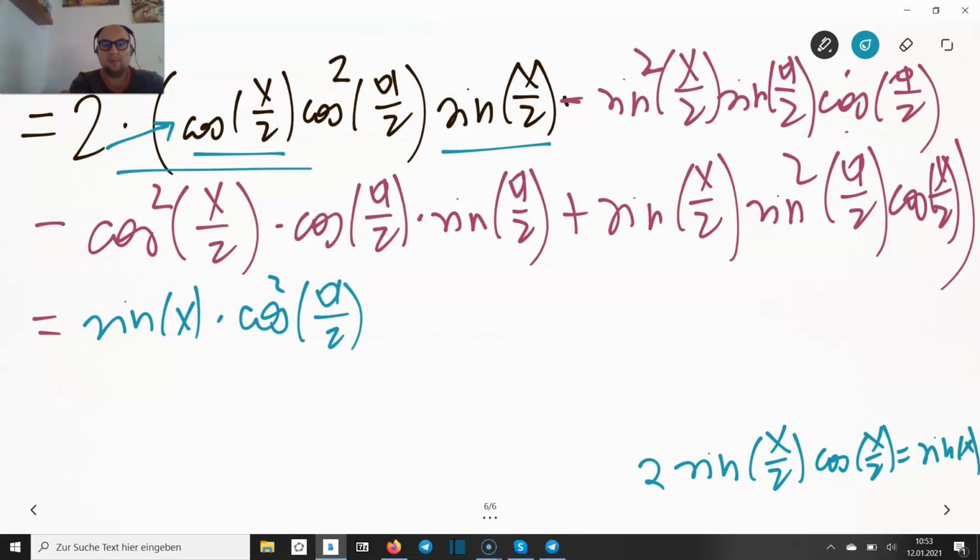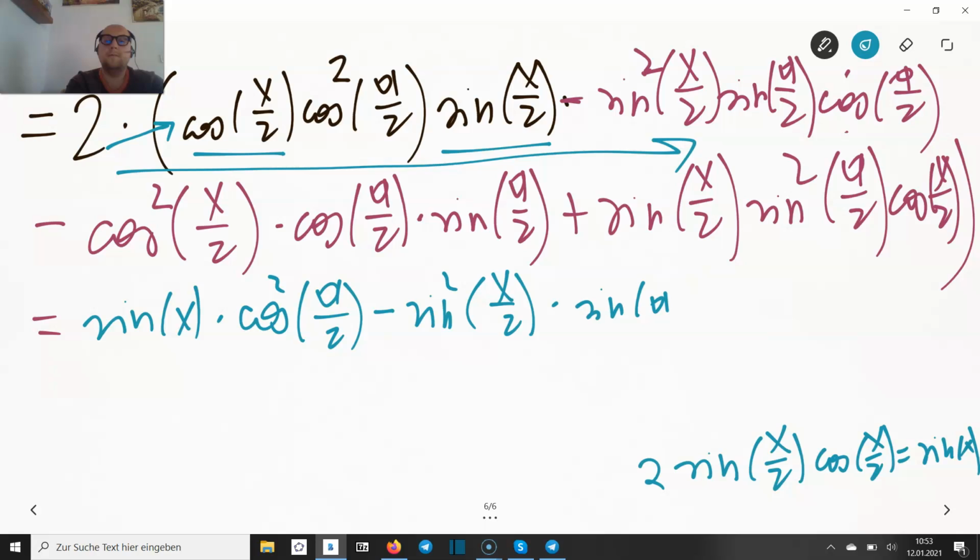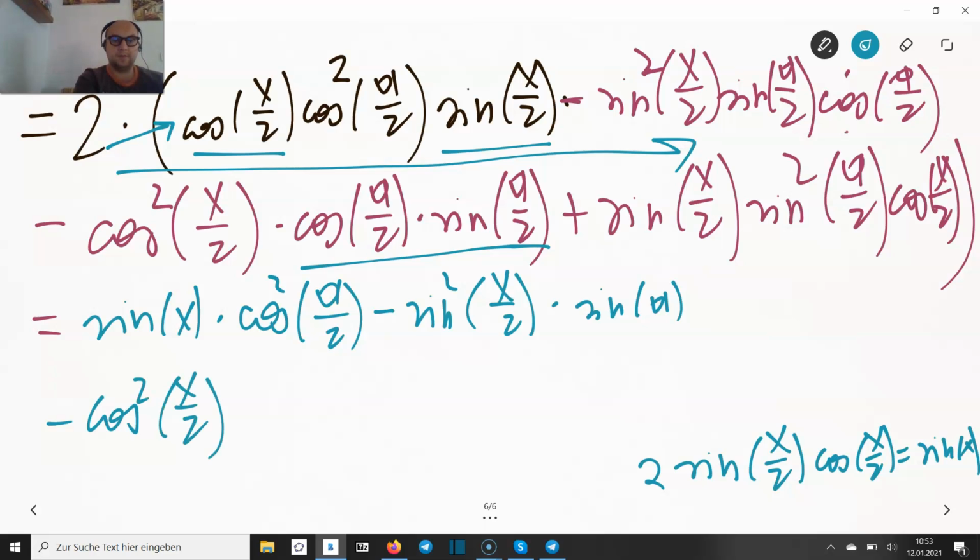Now we can do the same also here. It's just minus sine squared of x divided by 2 times sine of a. We have the same here, so it's minus cosine squared of x divided by 2 times sine of a.